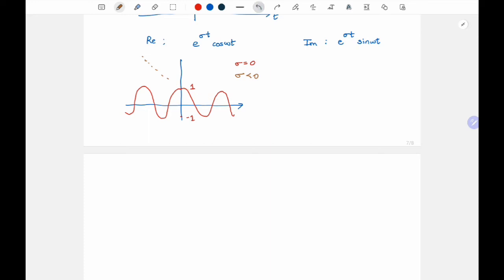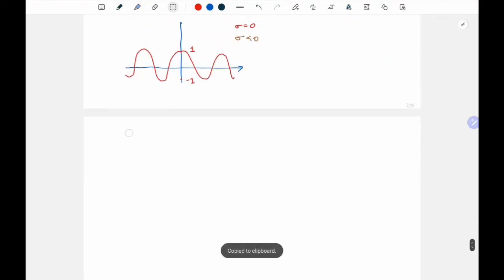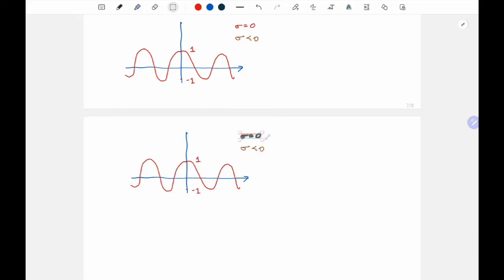Okay, so I'll copy this. So now I have 1 and minus 1 and this exponentially decaying signal, and the cos will be actually like this. Right?